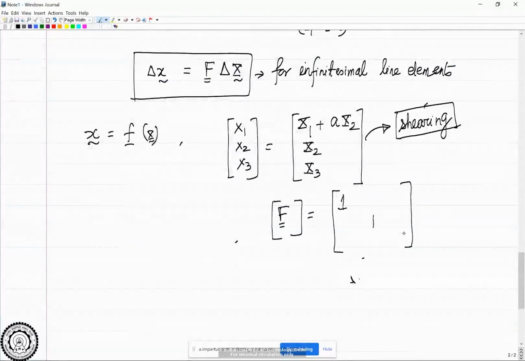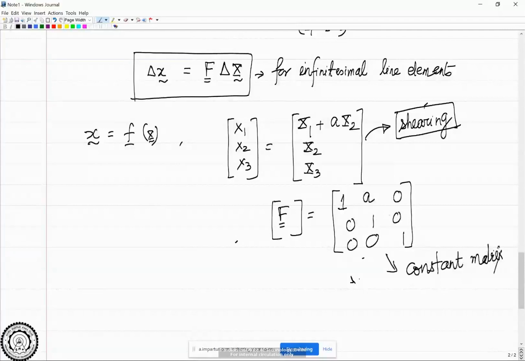All the diagonals will become 1. Then del small x1 by del capital X2 will become a. The rest are 0. So that will be the deformation gradient matrix, and you see that this matrix turns out to be constant. It's not a function of x1, x2, x3. So this is an example of a deformation where the deformation gradient is constant.